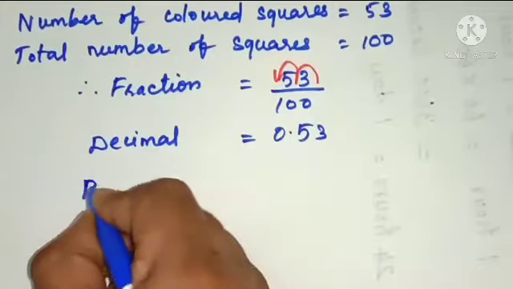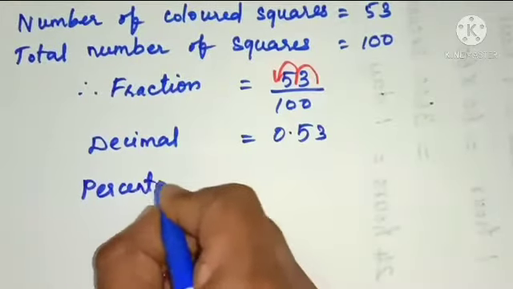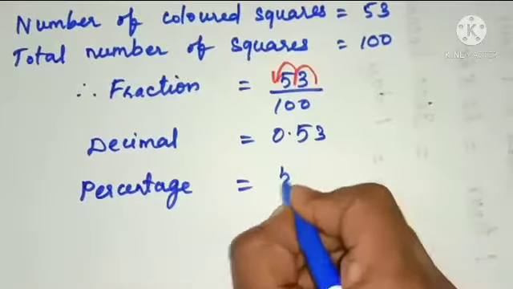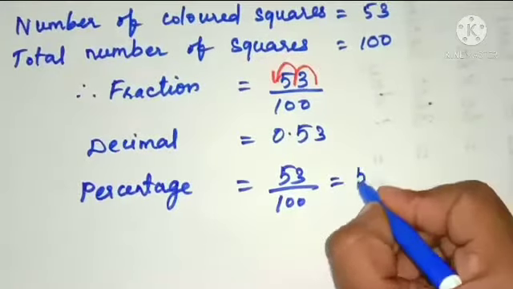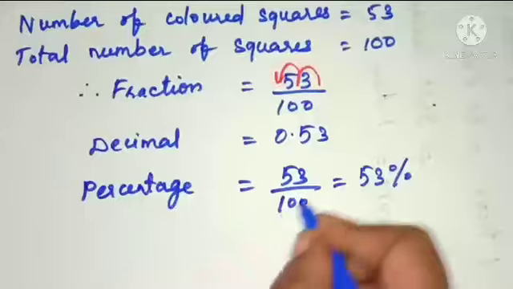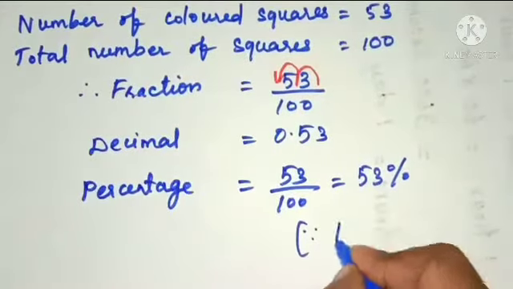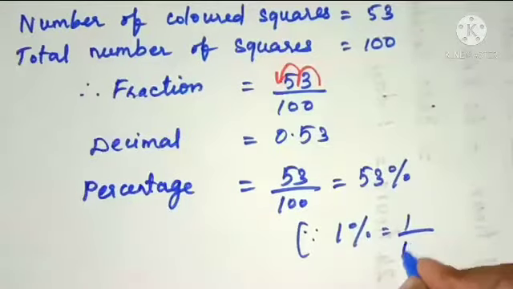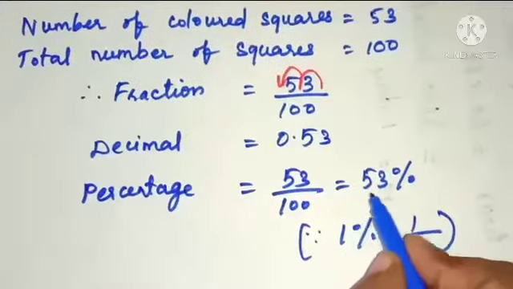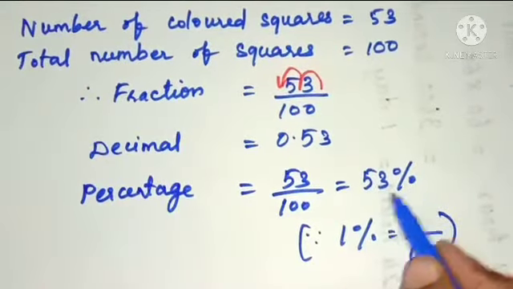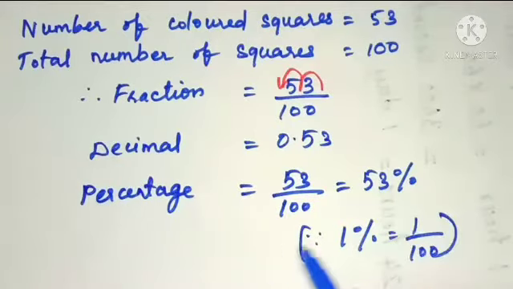And what is the percentage? Take the fraction 53 by 100. We can write 53%, because 1% is equal to 1 by 100. So we can write 1 by 100 as 1%. 53 into 1 is 53. Thus the percentage is 53%.